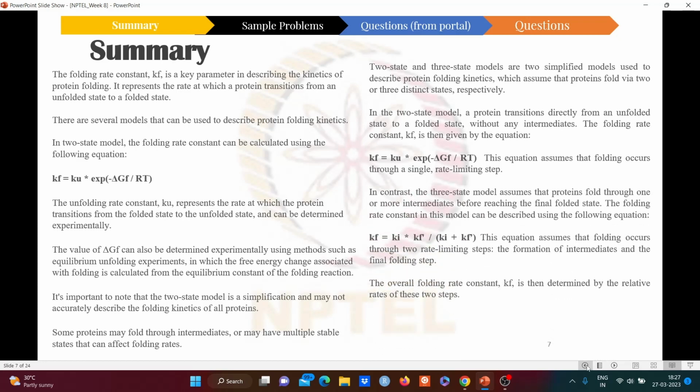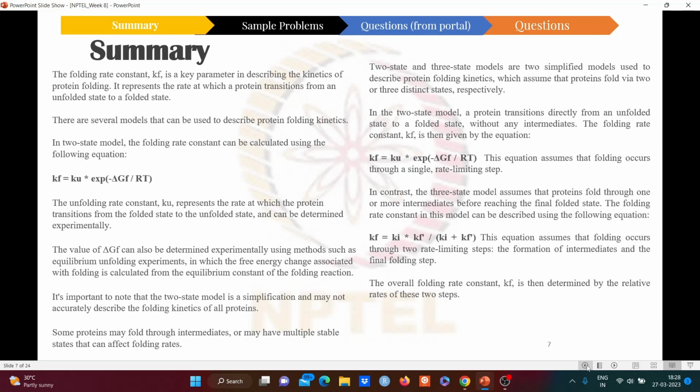the three-state model assumes that the protein folds through one or more intermediates before reaching the final folded state. The folding rate constant in this model can be described using the formula shown here, where Ki and Kf' are the rate constants for formation of the intermediate and the final folding step respectively.